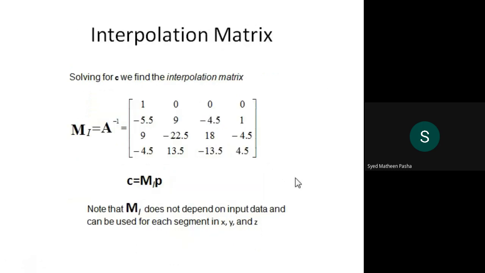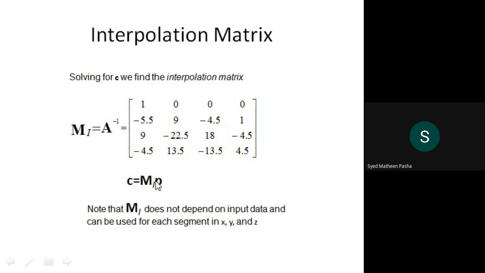Then the final interpolation matrix, if you are finding it by giving some values, will look like this. You can see there are many negative signs here because the data which you are passing should be dependent on the interpolation data. It should actually match with respect to that. You can check out how to calculate MI.